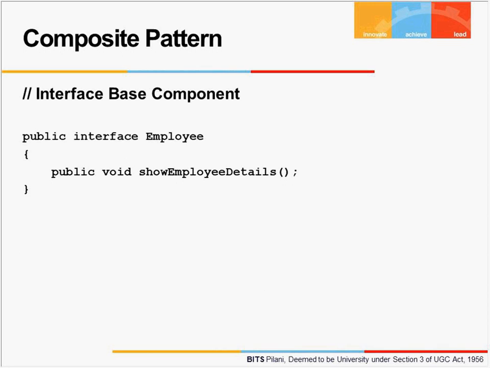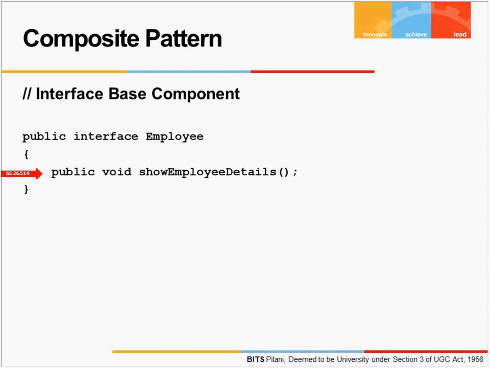Okay, to the implementation, my base component. This is my implementation of the base component. My base component is an interface. It tells the operations that must be implemented by every atomic object or composite object, that is, the base component, right?